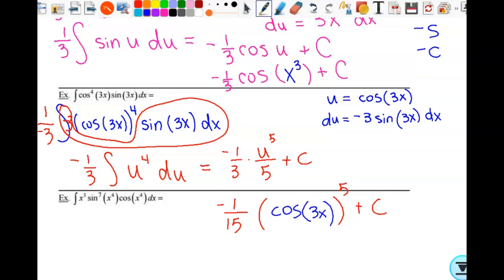Now be careful. It's hard to tell. The only thing that's hard to tell on yours is that 5. Is it inside the parentheses being raised to that power or not? Just make sure that that 5 is not in those parentheses. I know, it's just hard to tell. Just be careful there.